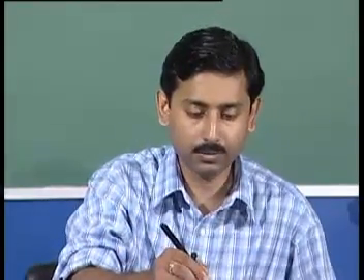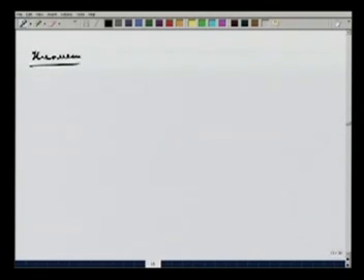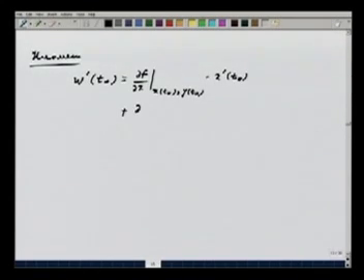So the theorem I am going to prove is that w prime at a point t naught is del f del x at x t naught, y t naught, times x prime t naught, plus del f del y at x t naught, y t naught, times y prime t naught.